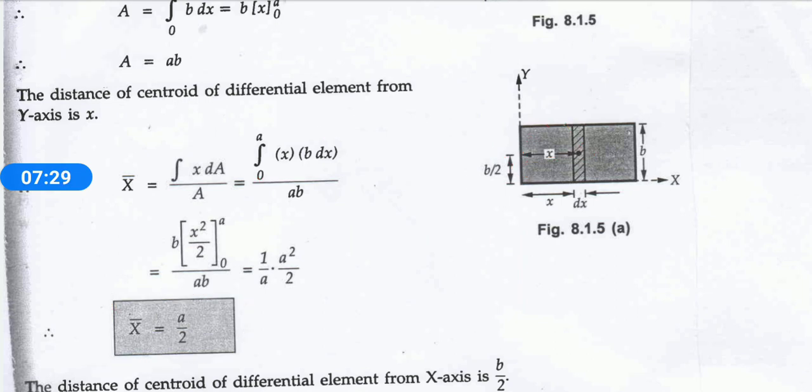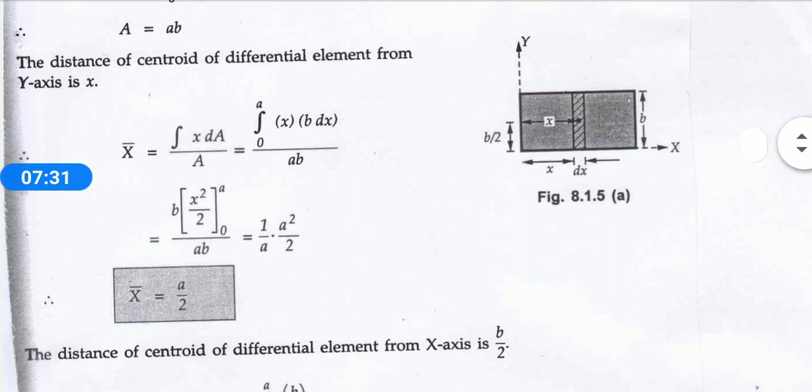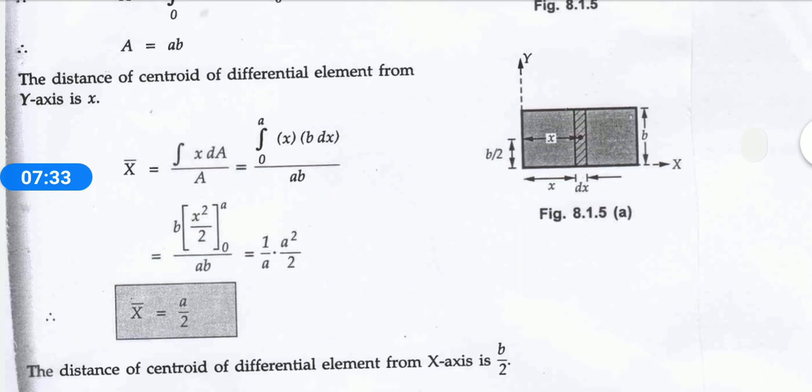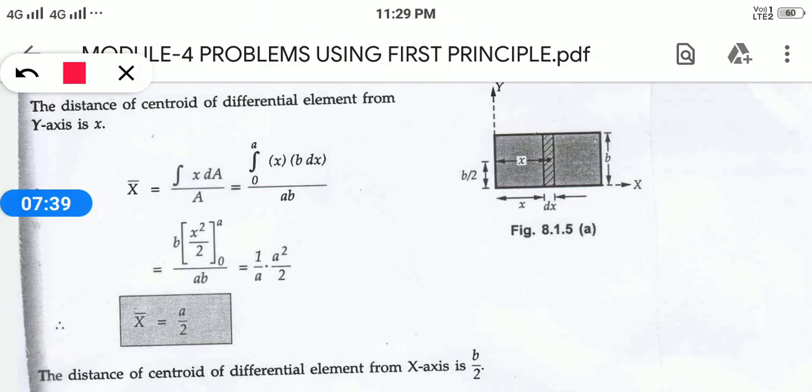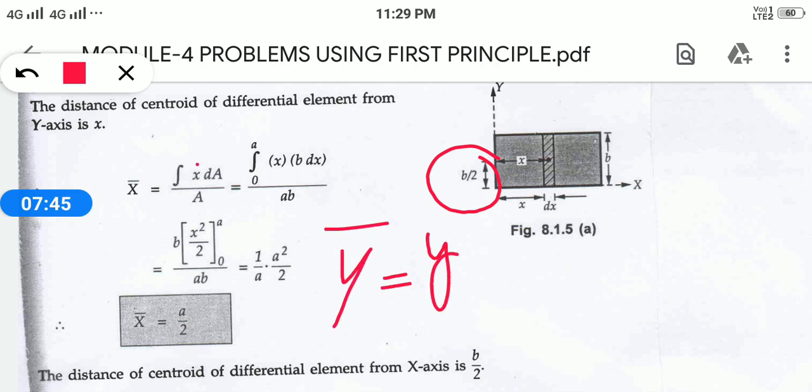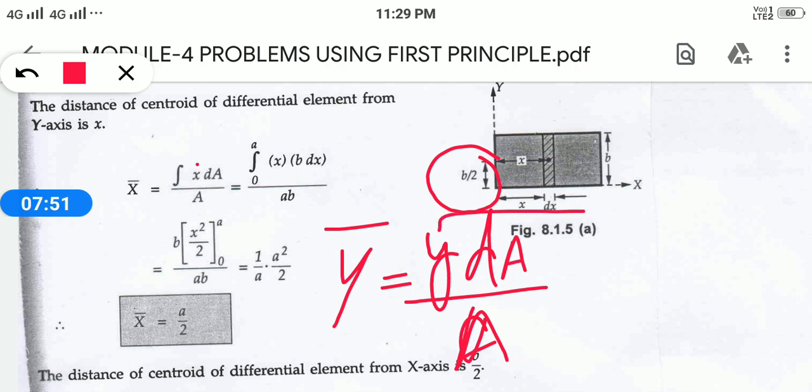Same procedure you need to adopt for the y bar. For y bar, you need to take the y-axis value. See how much the y-axis distance is. The y-axis distance is b divided by 2. So y bar is equal to y into dA divided by a. That dA and a are common, but instead of y, you need to substitute b divided by 2, and you have to do the procedure.